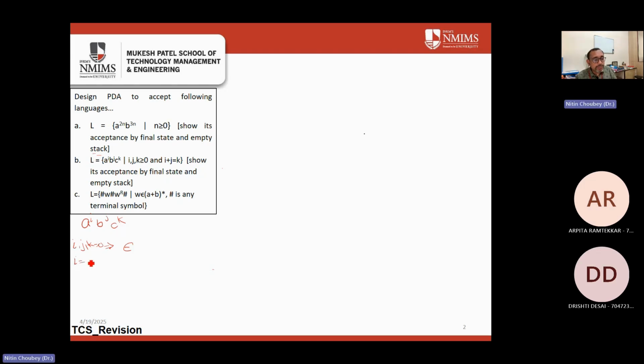If i equals to 0, j equals to 1, your k would also equals to 1 because k is equals to i plus j. Your string in this case would become what? i equals to 0, that means a is not available. You have string as b and c.